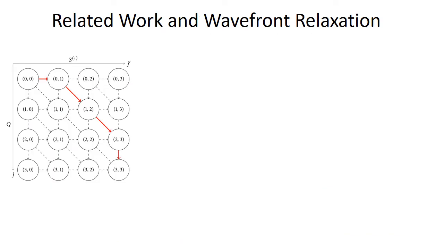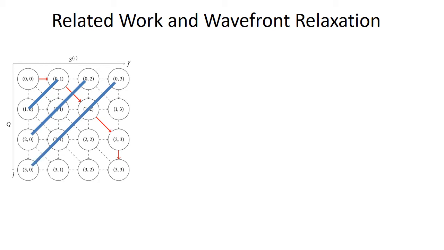A bit of background about related work and wavefront relaxation. In wavefront relaxation, you use the dependency relationship of this dynamic programming computation, where you have the dependency of a value on the left neighbor and upper left neighbor, and then you can compute minor diagonals in parallel.